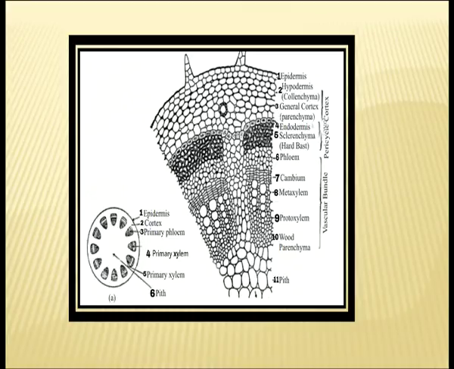Then number 3 is the general cortex, the soft tissue or parenchyma. Then number 4 is the endodermis. Endodermis marks the special layer which demarcates the outer portion from the inner vascular structures. It generally has thick walls, and a few cells have thin walls, which allow the passage of fluid.